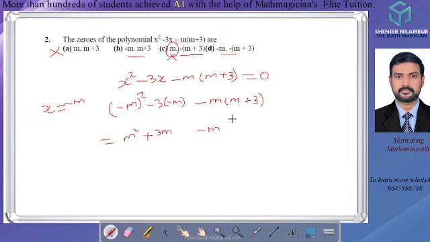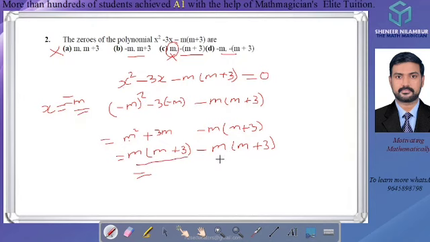Here it is minus of m into m plus 3. In these terms m is common, so taking it outside we get m into m plus 3. The same term is coming here also. Since here m into m plus 3 and there also m into m plus 3, when we subtract, the answer will be 0. When the polynomial becomes 0, that value of x is the zero of the polynomial. So minus m is a solution.